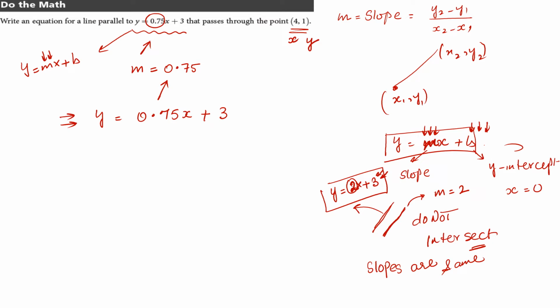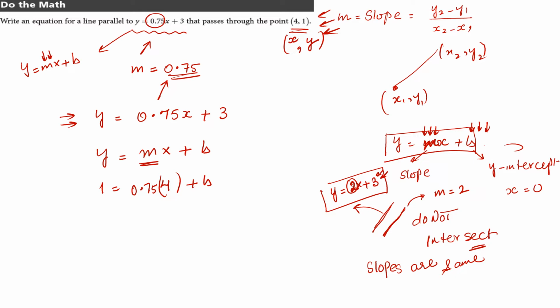In order to find the y-intercept, let's write the original equation y equals mx plus b. Replace y and x by the coordinates given in the question, so y is 1 and x is 4. The slope is the same as the previous line has, that is 0.75, plus b. Why am I doing this? I am doing this in order to find my y-intercept.